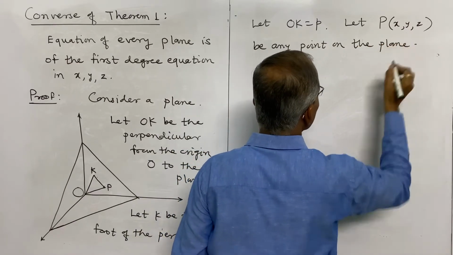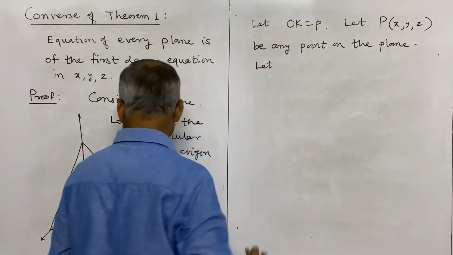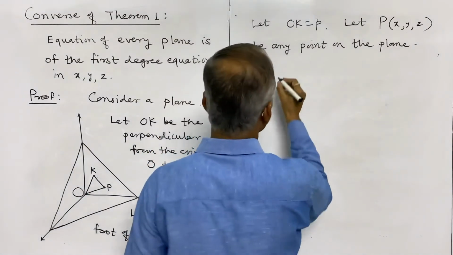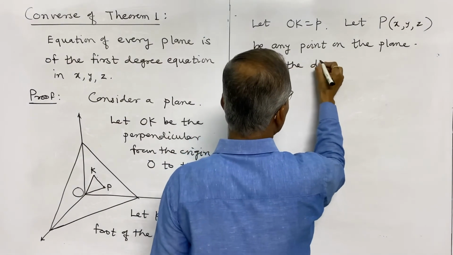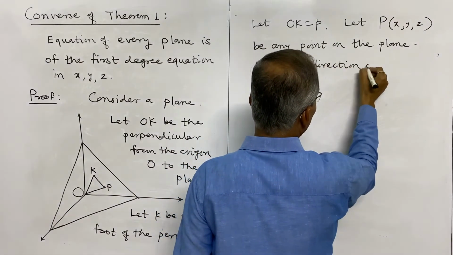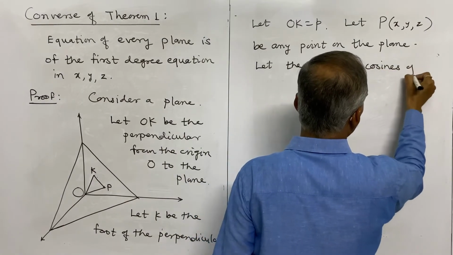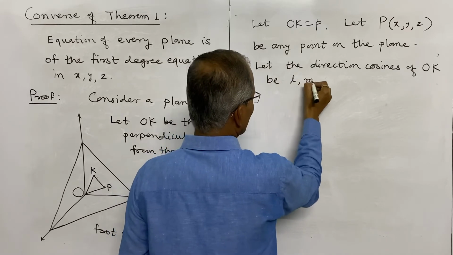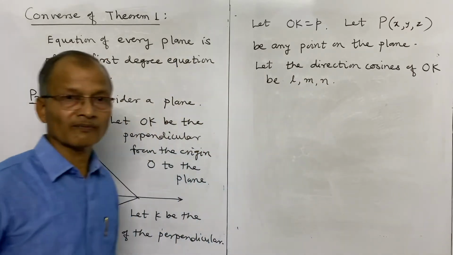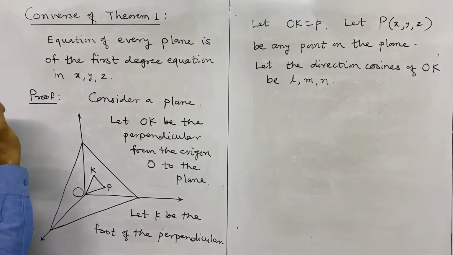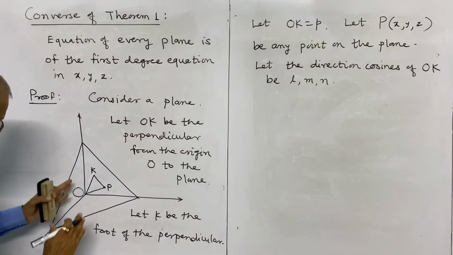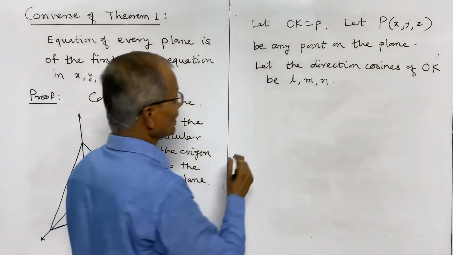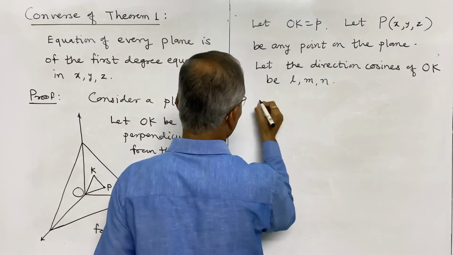One more thing we have to consider: let the direction cosines of OK be l, m, n. Now OK is perpendicular to the plane, which means OK is perpendicular to PK. Now PK lies in the plane.